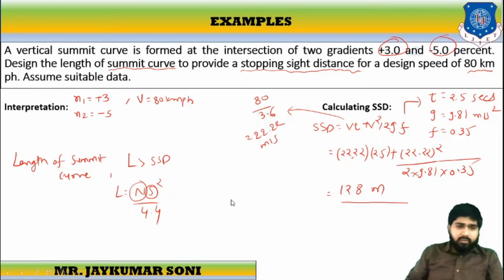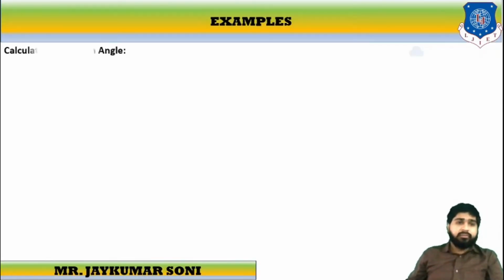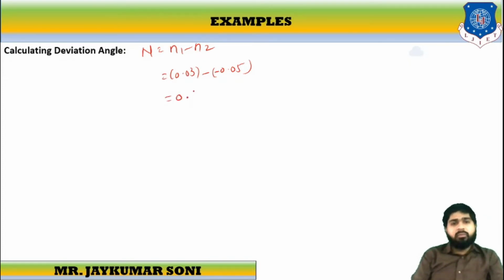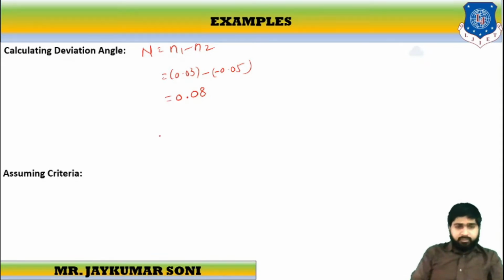So we have the value of S. Now we have to calculate the value of N, the deviation angle. The equation for deviation angle is n1 minus n2. n1 is 0.03, which is plus, and n2 is 0.05, but it is minus, as given in the statement. So it will be 0.08. Now we put the values in.